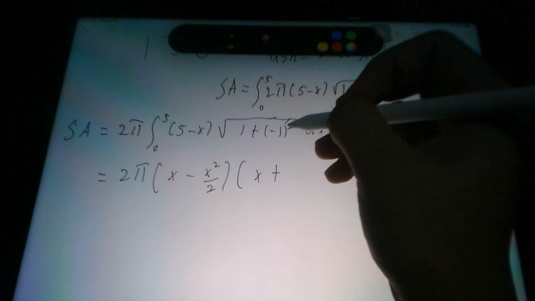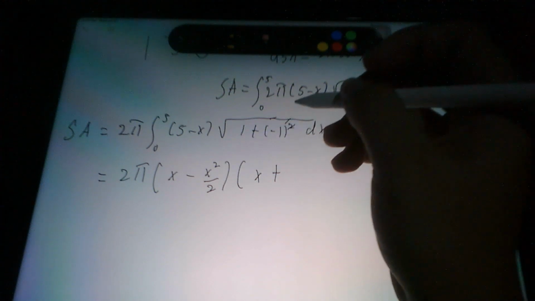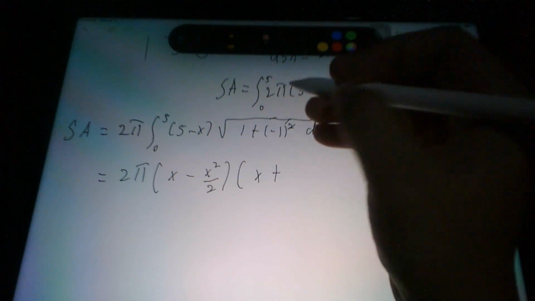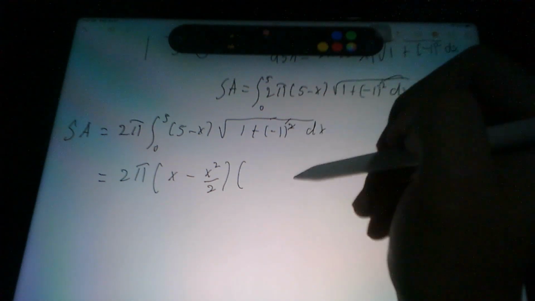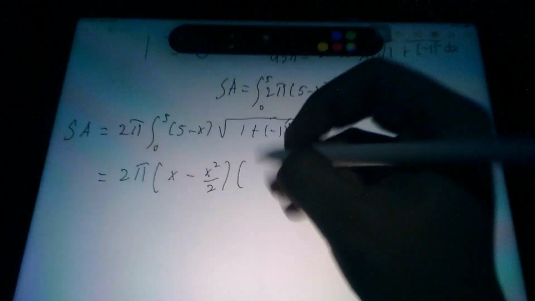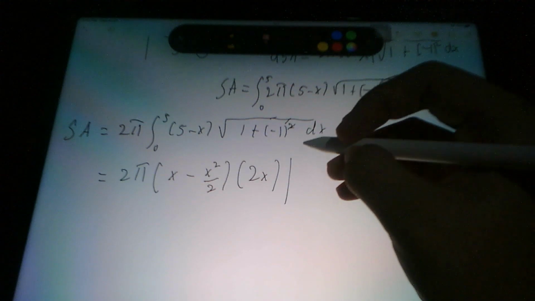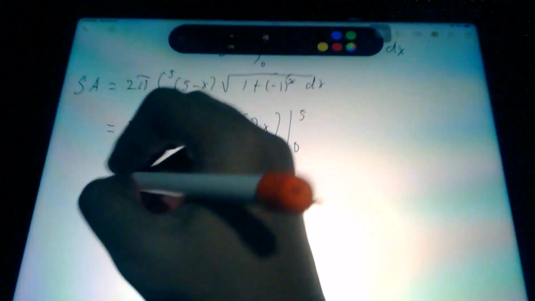Negative 1 raised to 2 is just positive 1, so x plus x will become 2x. Let's simplify this, 2x, bounded by the limits 0 to 5.